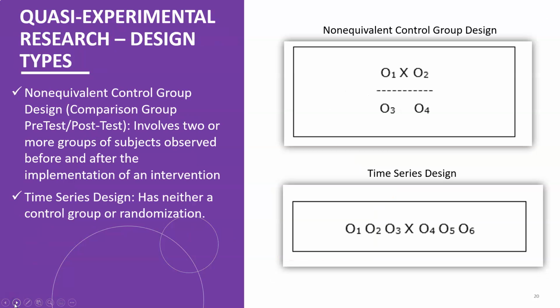Now, the different design groups that we have for quasi-experimental research, we have the non-equivalent control group design. It's also called the comparison group, pre-test, post-test. So I will tell you about my dissertation. What I did at one school is I taught dimensional analysis to learners, and then I went to another university where they were not getting dimensional analysis.